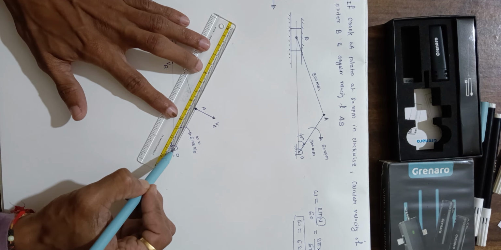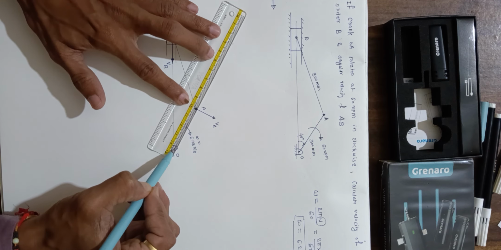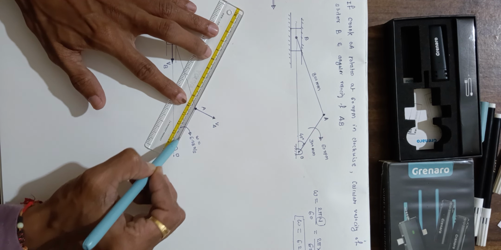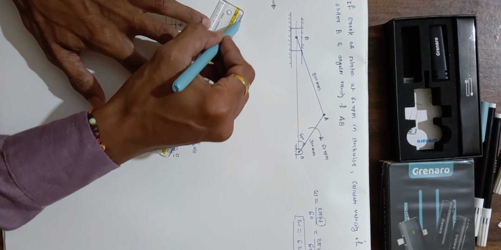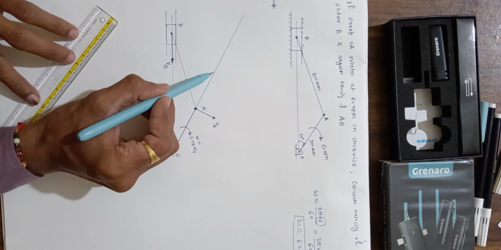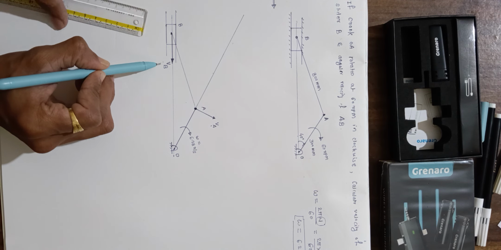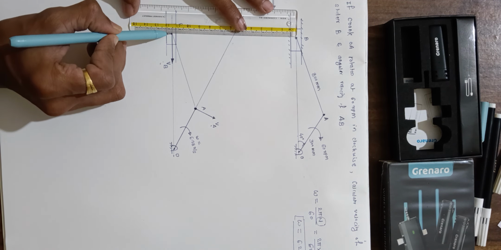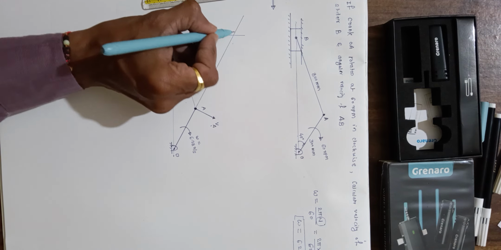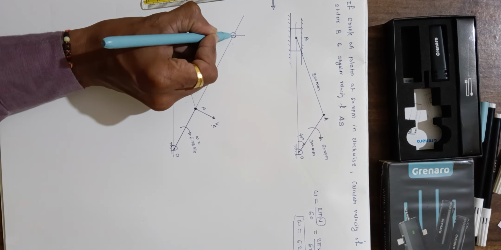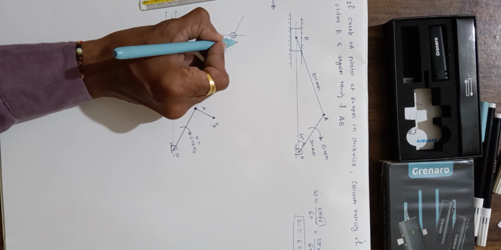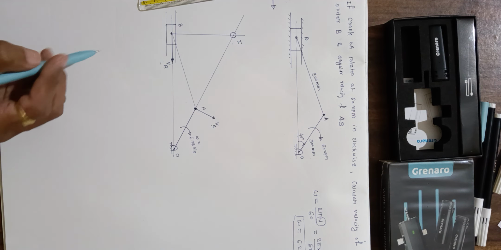Perpendicular to VA is along the crank OA, so it is the same line. Just extend this line like this. So this line is perpendicular to VA. Now draw the second line perpendicular to VB. Now this intersection point is the ICR point. So this is the point I.